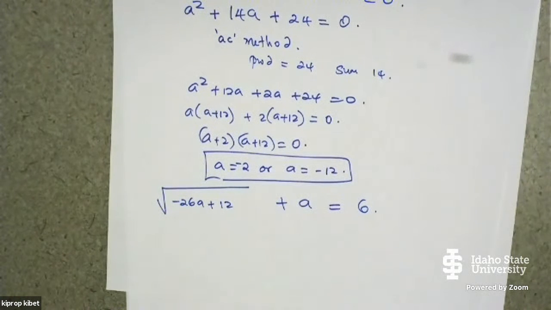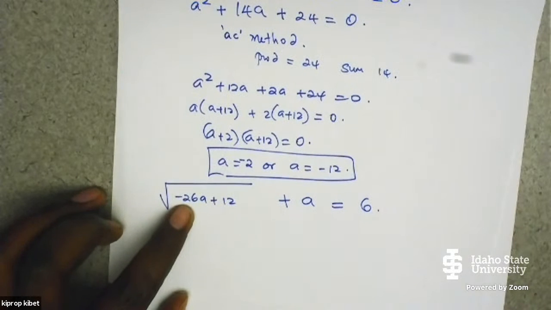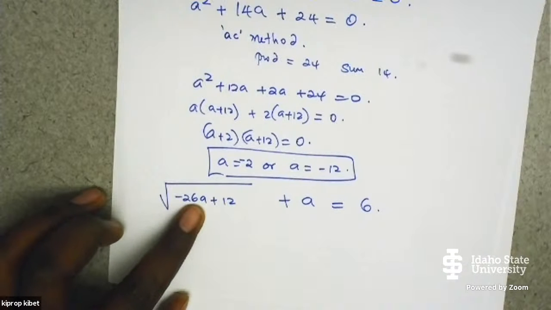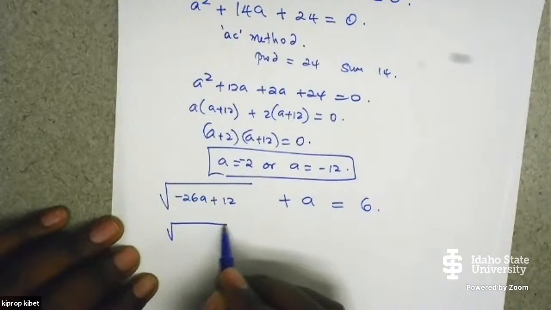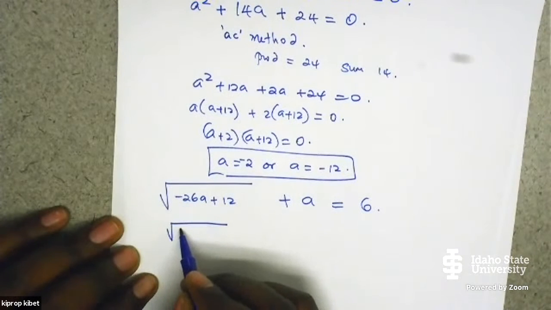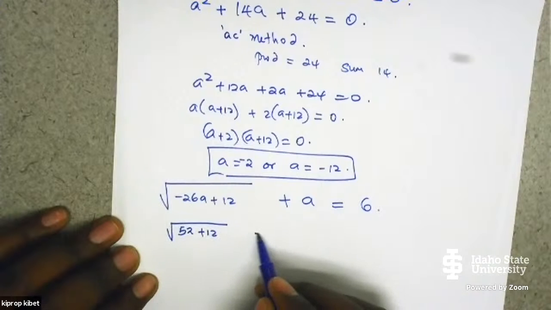Now, if we start from minus 2, so minus 26 times minus 2 is what? This is the same as 52, plus 12, minus 2.